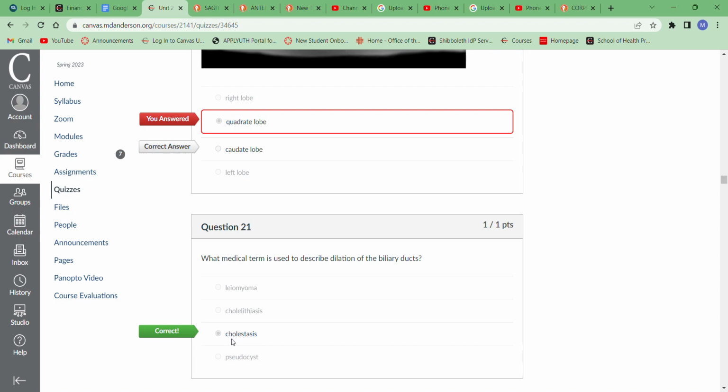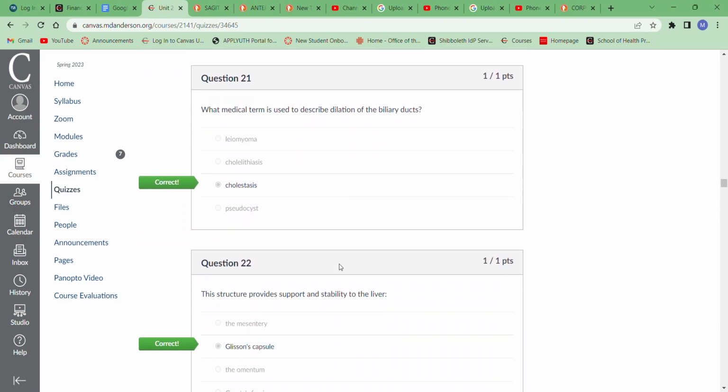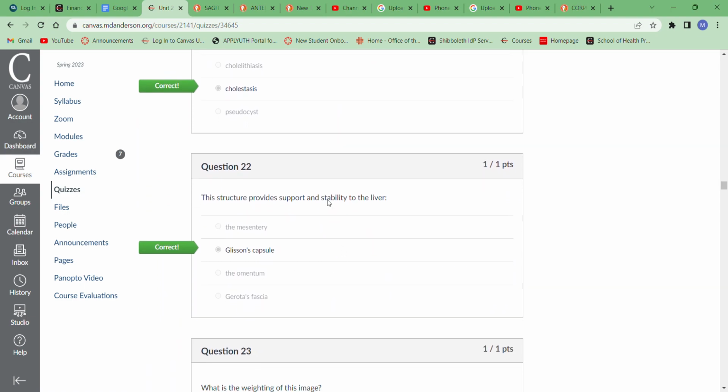So when you have cholestasis, your bile is static. It's just sitting still. And that is not normal because the bile should be flowing constantly. And so if it's just sitting there, it's because it's backed up and it's not allowed to flow freely. And it will cause the biliary ducts to dilate and they build up with that icky bile.